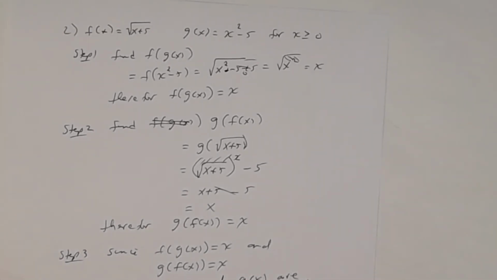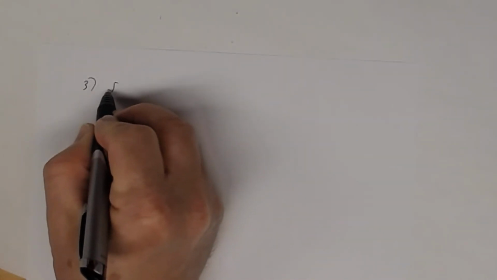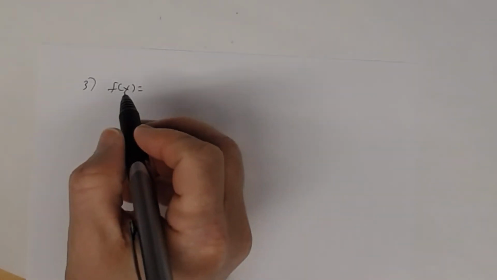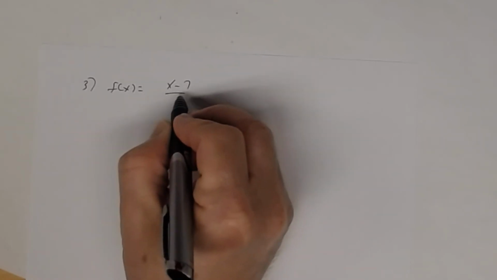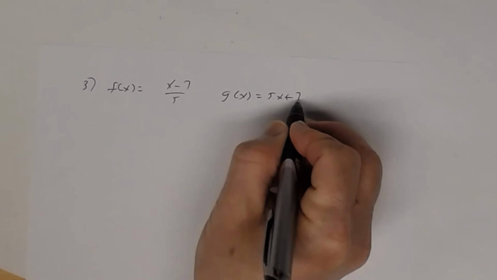All right, number 3. Okay, so number 3, we have these two functions. So f of x is equal to x minus 7 divided by 5, and g of x is equal to 5x plus 7.